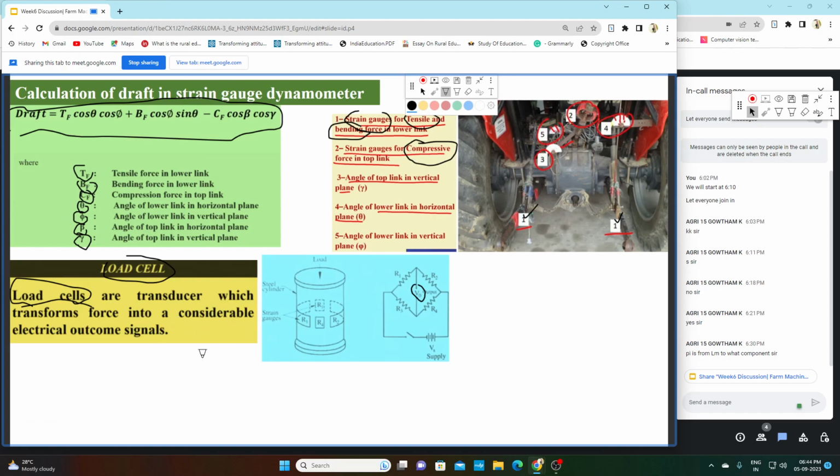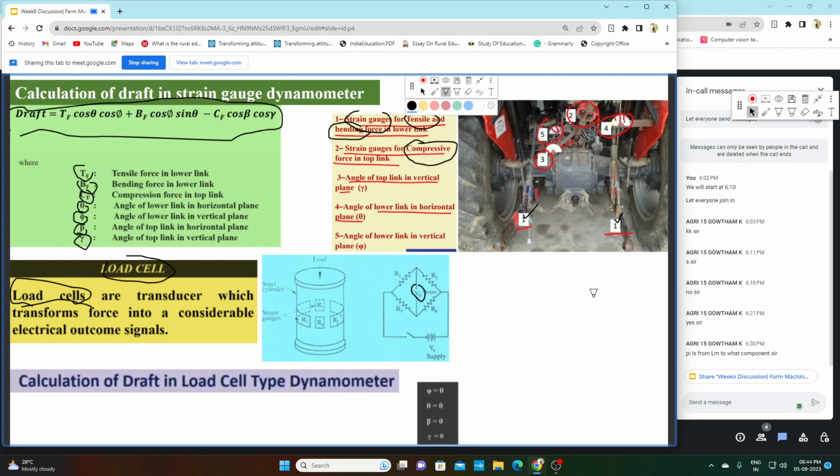How is it transforming force into electrical signals? By the principle of strain gauges. When the strain gauges are subjected to some force, there will be a change in resistance, and due to that, there will be some voltage output in this terminal. So this is the principle of the load cell.